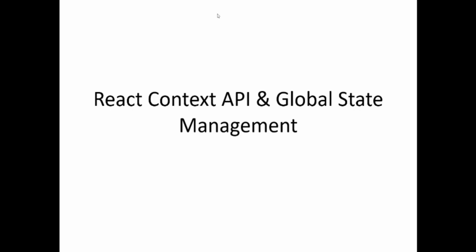The parent and intermediate components have no use for the user object, but you still have to pass it through each level. This is called prop drilling. As the app grows, it becomes messy, repetitive and hard to maintain. Context API solves this problem by allowing us to share data globally, so any component can access it directly without prop drilling.